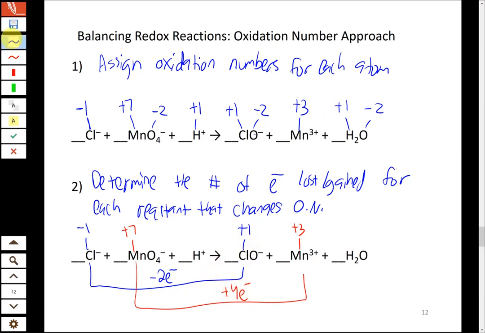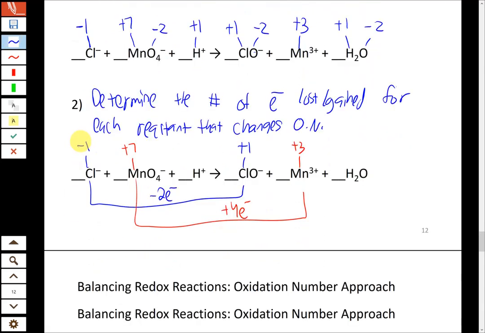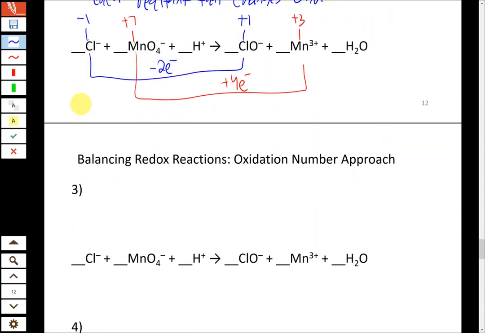So then from there, what we have to do is we're going to start adding some coefficients to make sure that the number of electrons that are lost are equal to the number of electrons that are gained. So that's the first set of coefficients we're going to add.